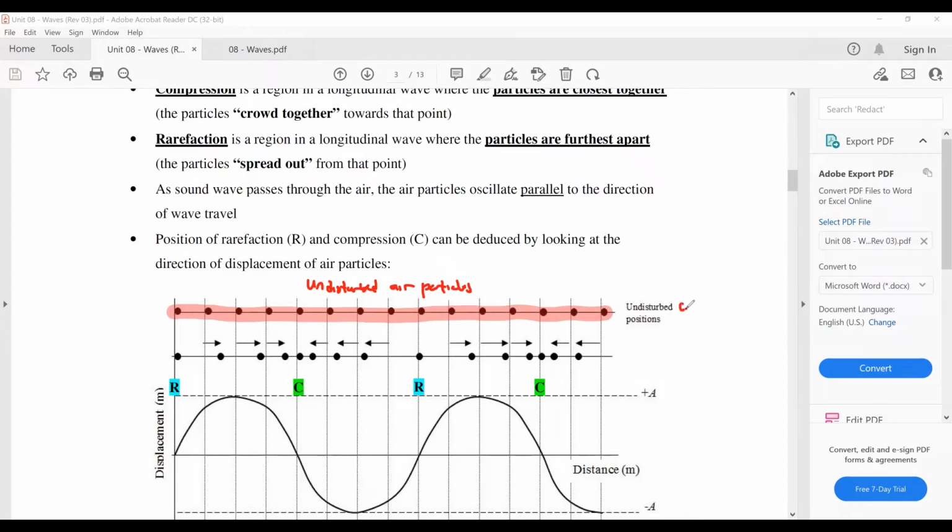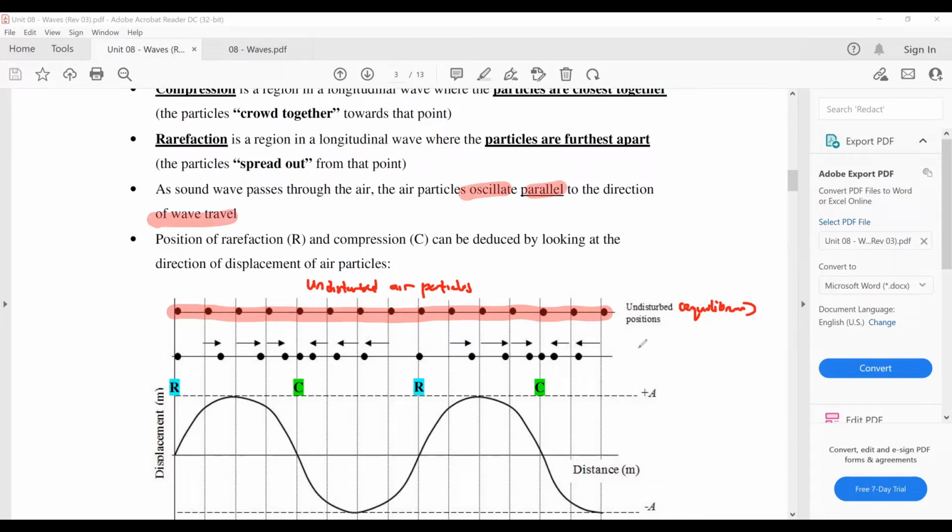The undisturbed is referring to the equilibrium positions. So let's say right now a sound wave passes through the air, and all these air particles are oscillating as the sound wave travels through. Recall that for a longitudinal wave, the particles tend to oscillate parallel to the direction of wave travel.